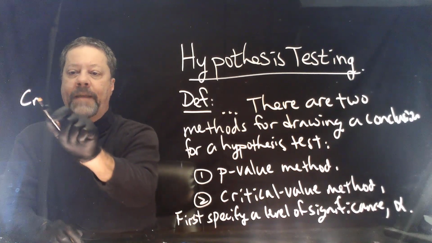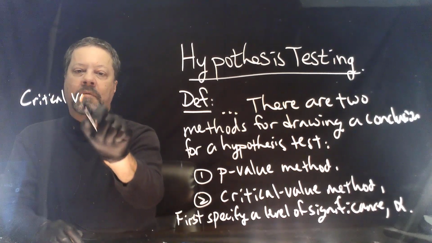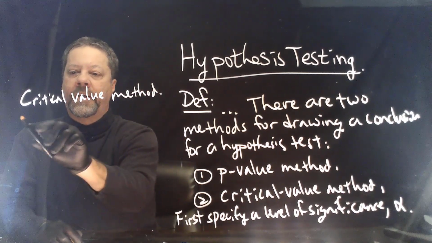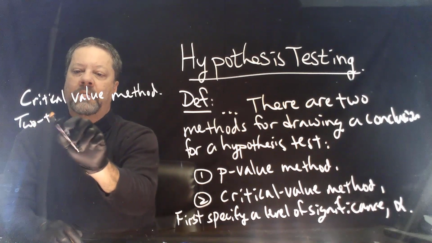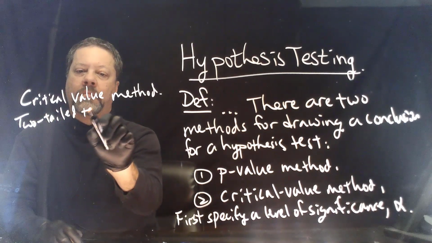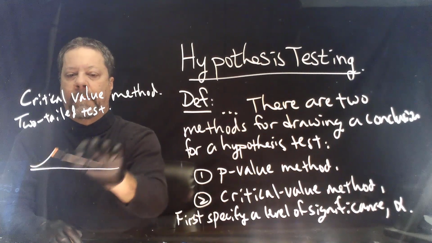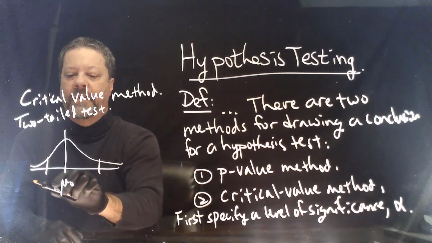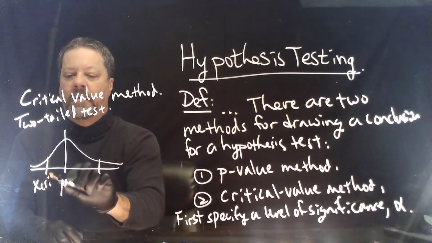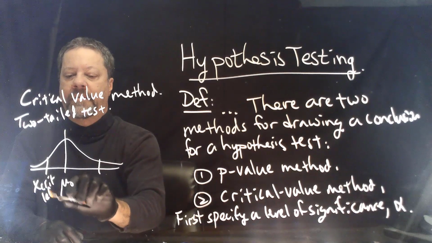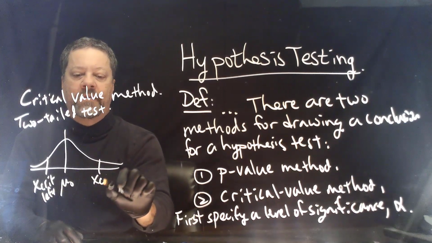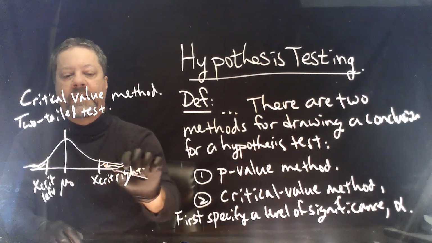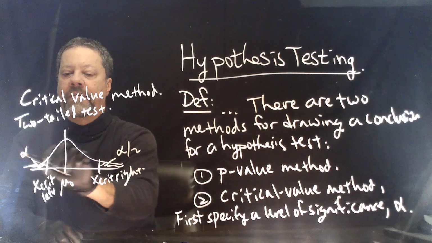For the critical value method, on a two-tailed test, we find critical values x crit left and x crit right, so that these areas are half the level of significance.